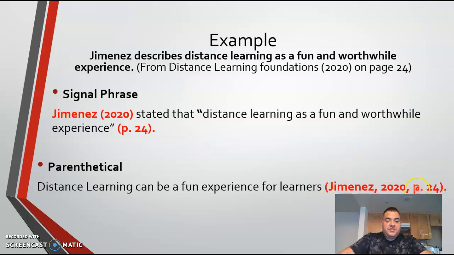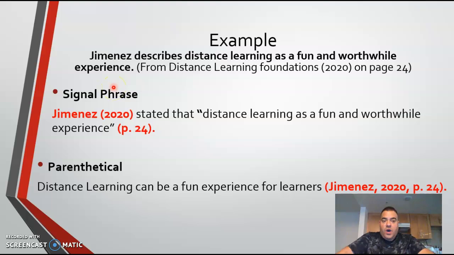All this simply means is I'm giving credit to this author for this general idea. I'm letting the reader know I didn't come up with it, this author did. And that's, again, a way that you avoid plagiarism.